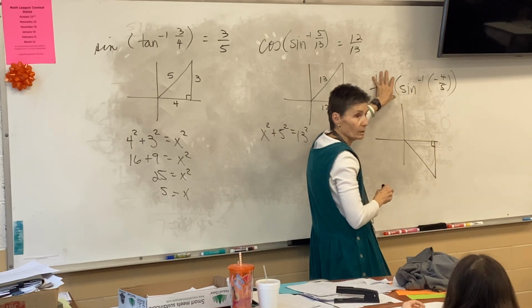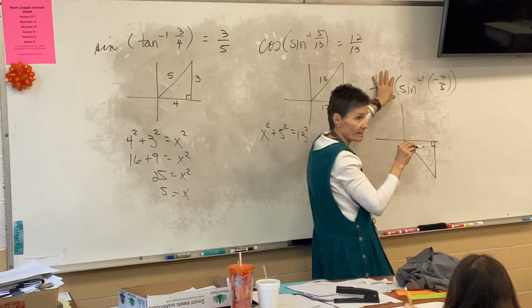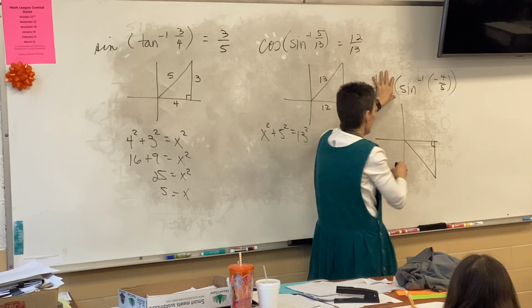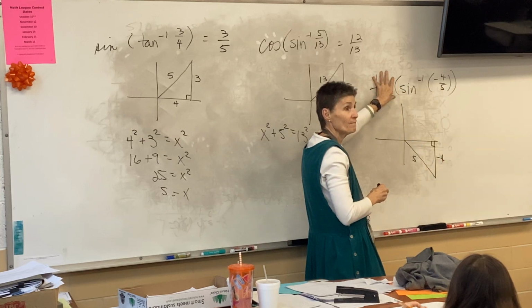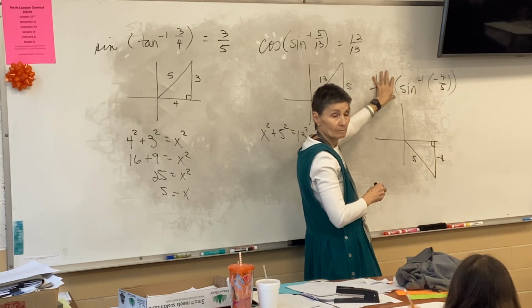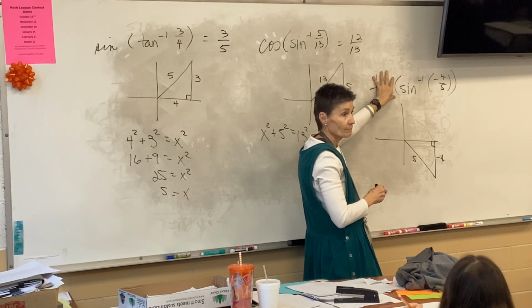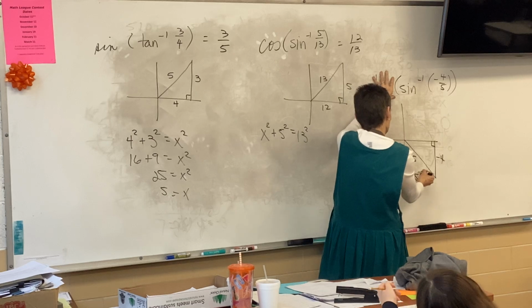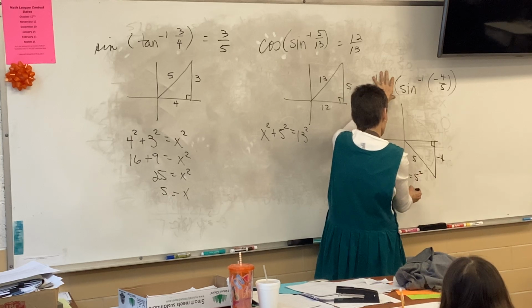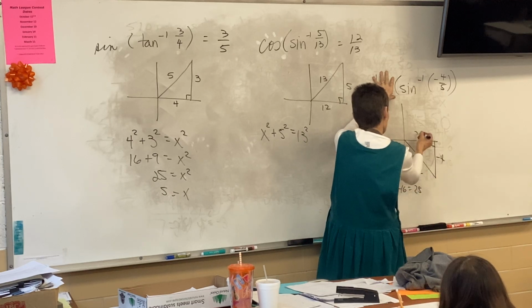That's my rule. I memorized that. Opposite over hypotenuse is 4/5. So then I do my Pythagorean theorem, and it looks like x is going to be 3.